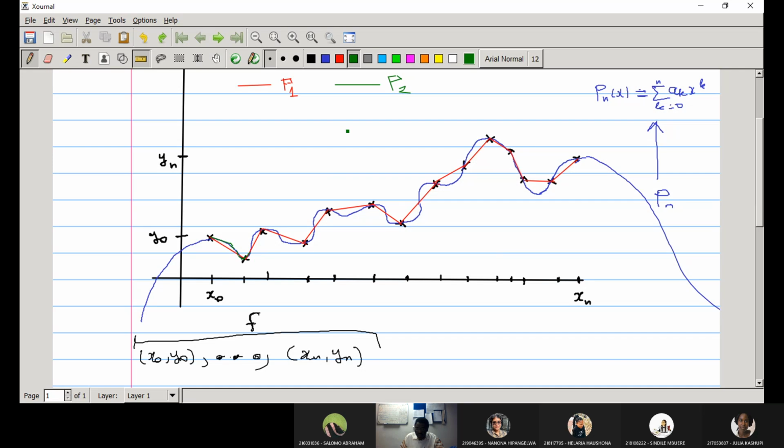Let me take this one for the third degree polynomial. You have a turning point here. A third degree polynomial will capture that properly, like that. You see, a third degree polynomial can do that.